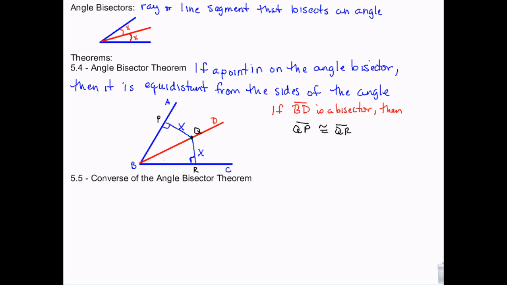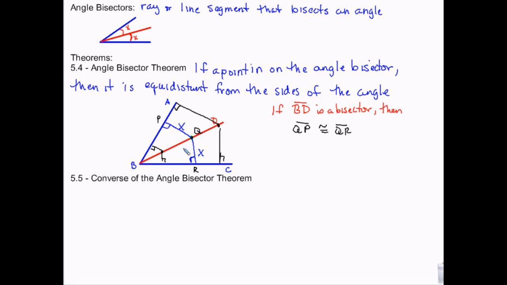But anywhere, so if I took another point here, then this length is going to be the same as that length. Or if I take this point out here, this length is going to be the same as that length. So anywhere along that bisector, I'll be the same distance from the sides of the triangle.